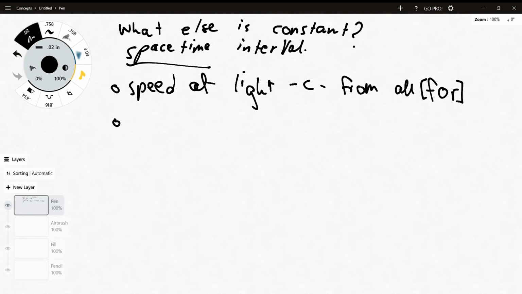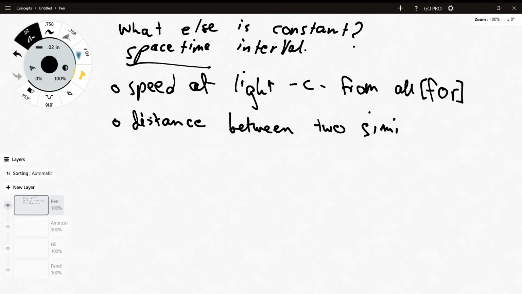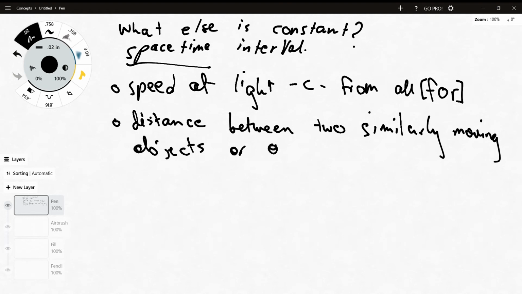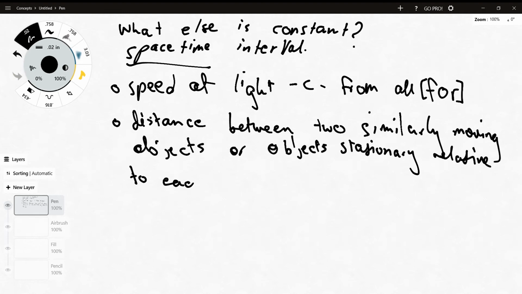We also know that the distance between two similarly moving objects, or objects stationary relative to each other, we know these things are pretty absolute, right?